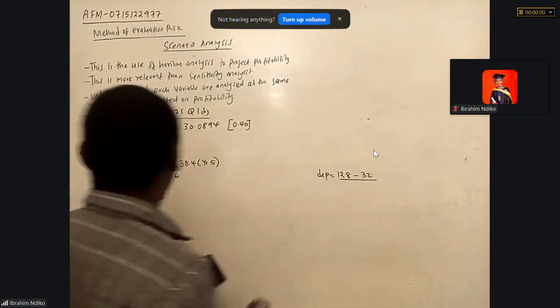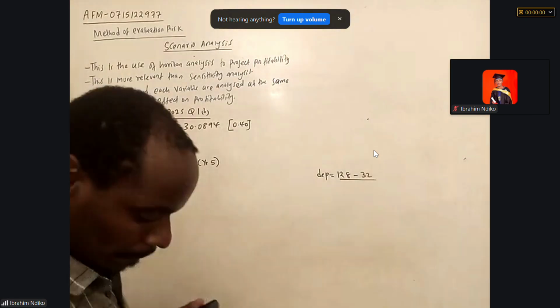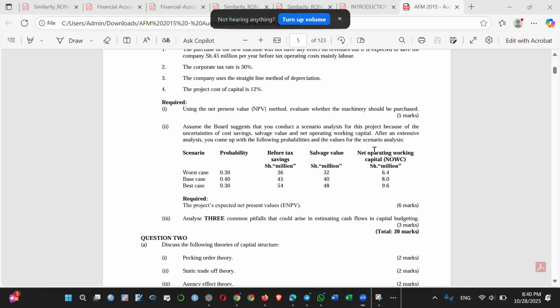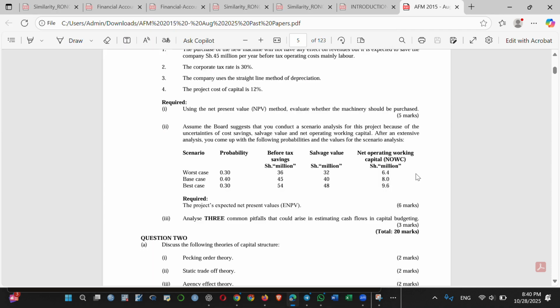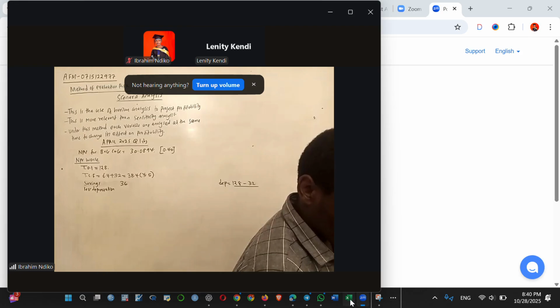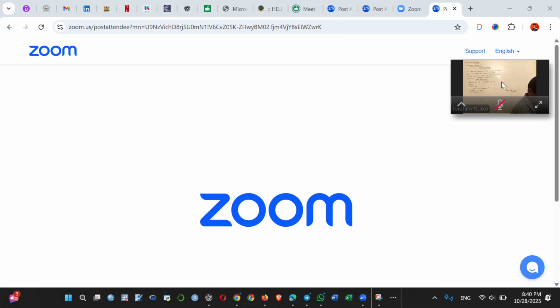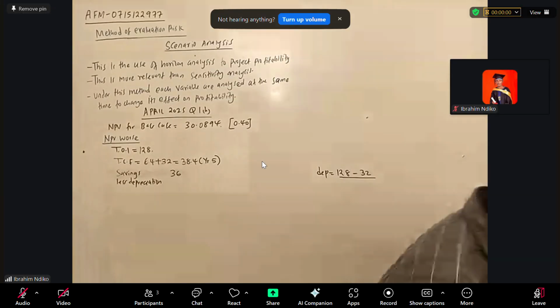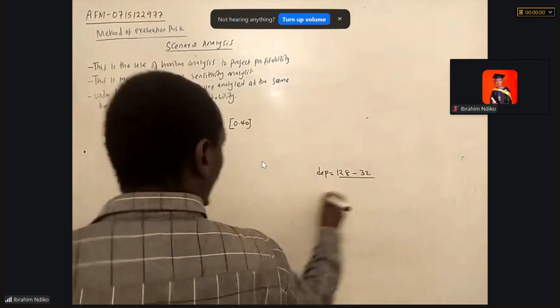6.4 is net operating working capital. What is the useful life? The useful life will remain the same, 5 years. So divided by 5.